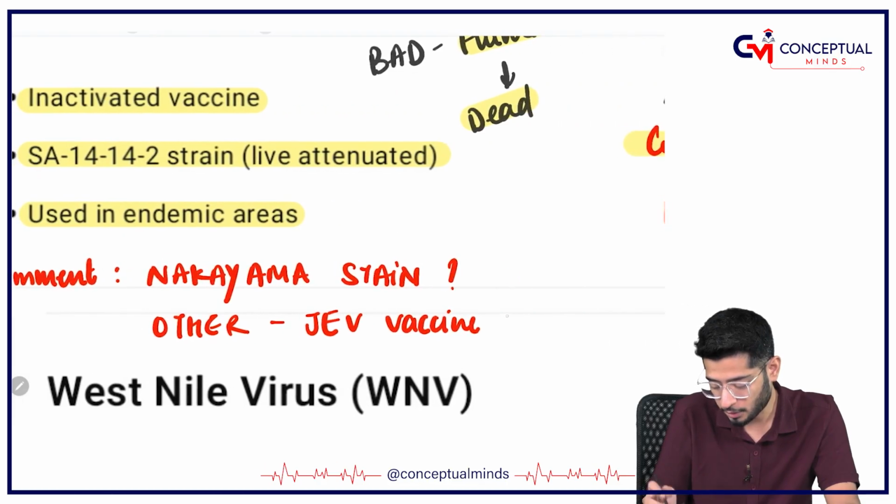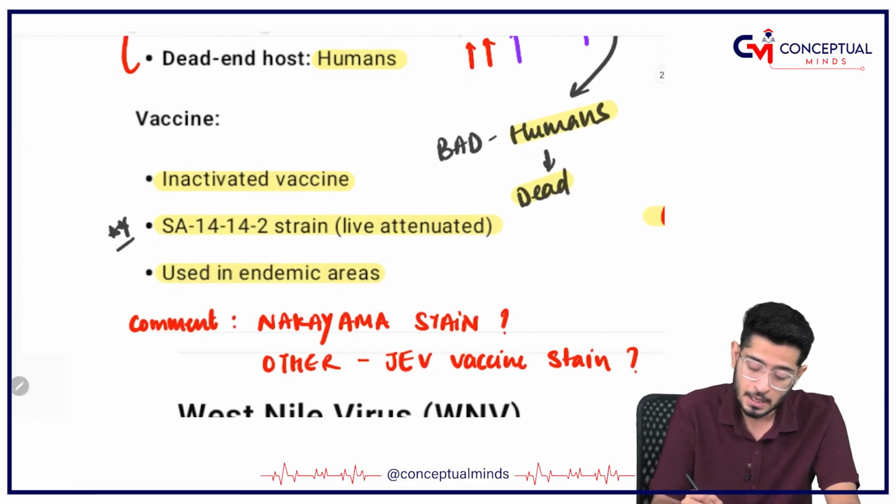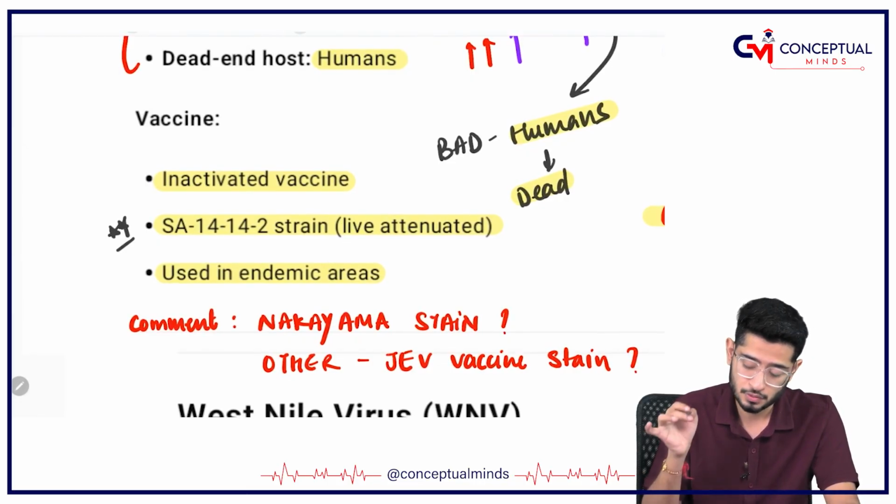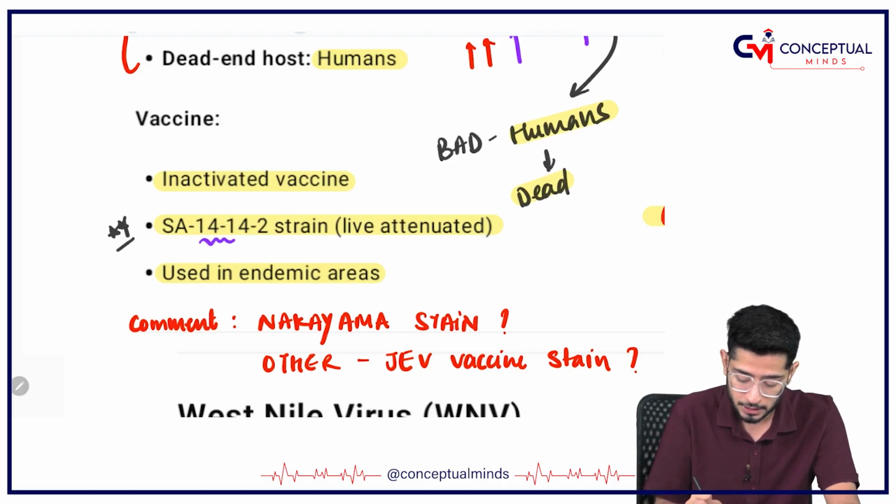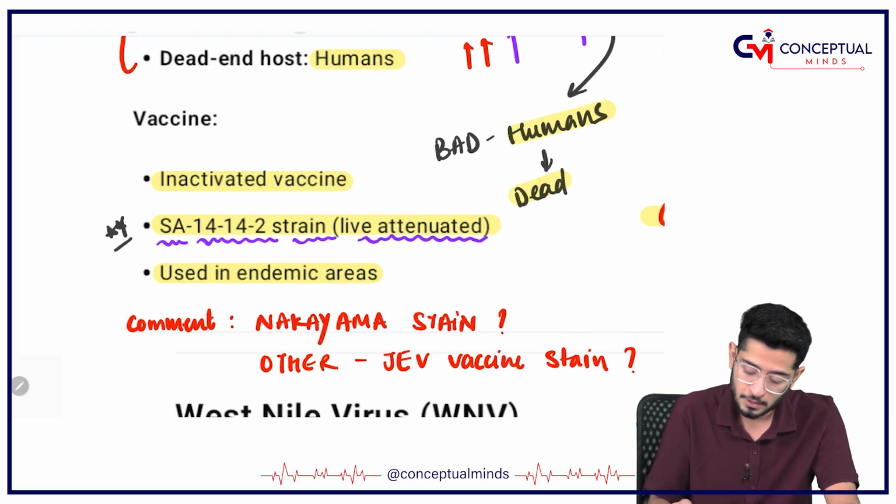Alright, I want you to comment down because these are also important questions. But anyways, the classical, conventional one which microbiology books write till now is SA14-14-2 strain, that is a live attenuated strain.